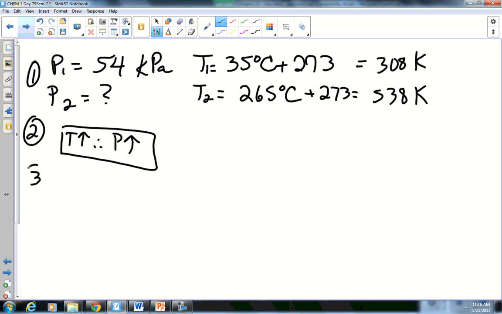Okay. Step 3, you're supposed to give me the mathematical formula here, Dallas. Mathematical formula. What's the relationship between P's and T's?